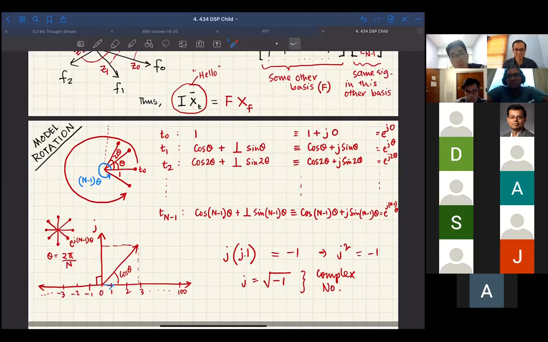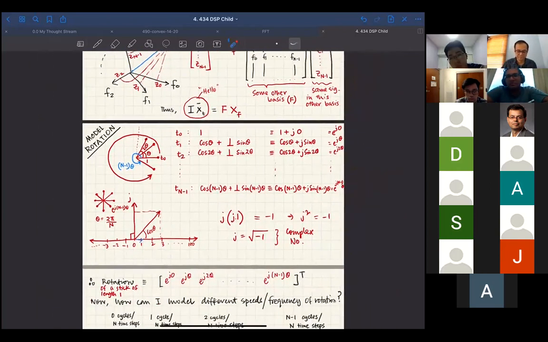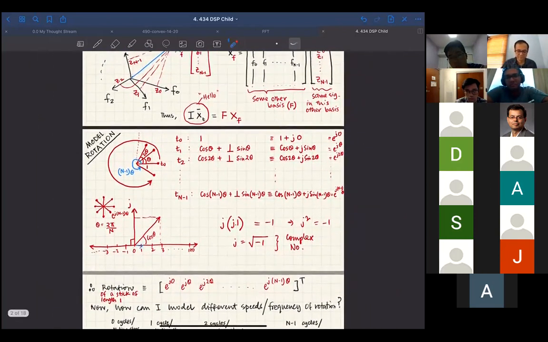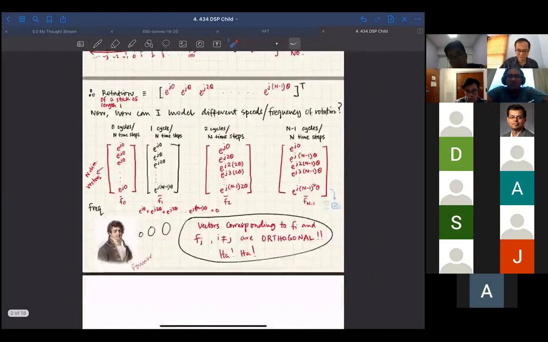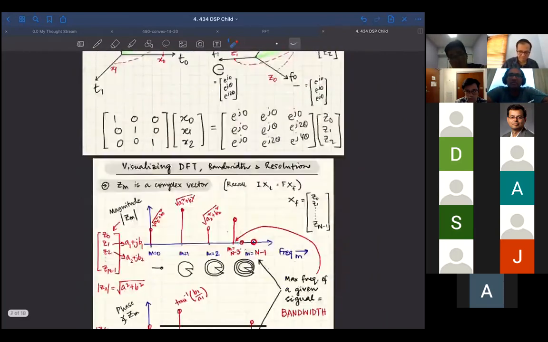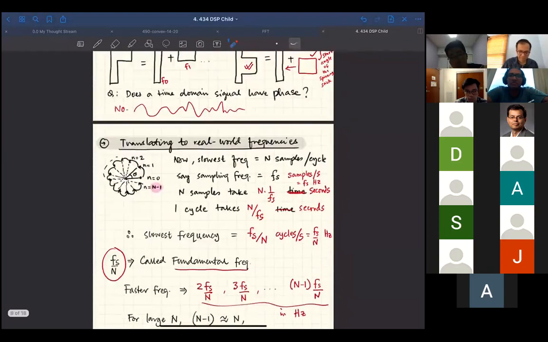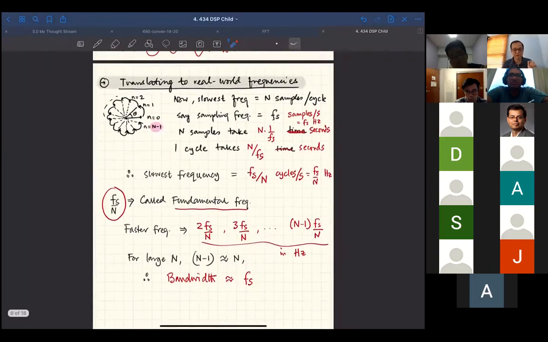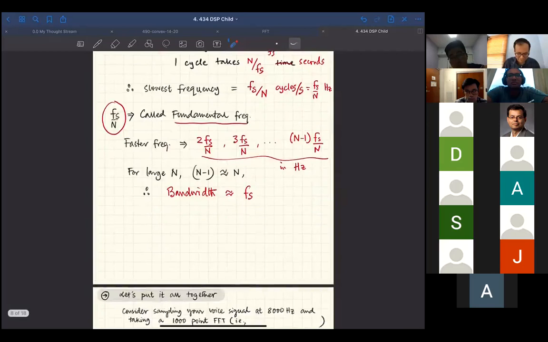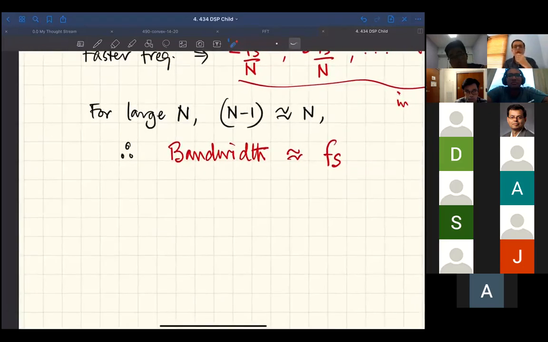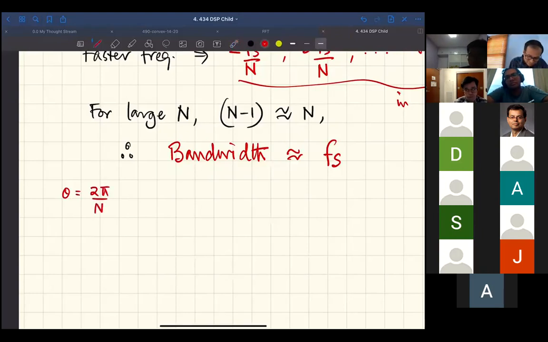So is there a relationship between n and Fs then? No. We have said that, okay, maybe I should say this now. You pick a value of n. Let's say n is 100. That means theta is 2 pi by n. You pick n as 100.